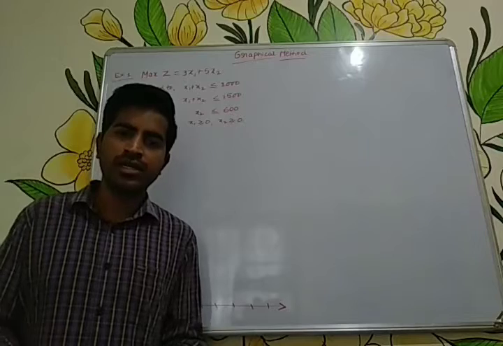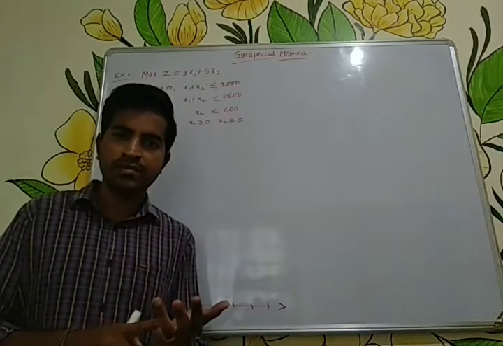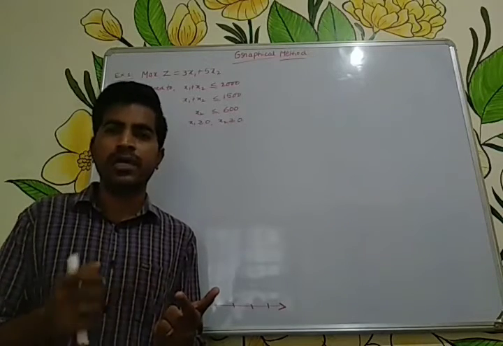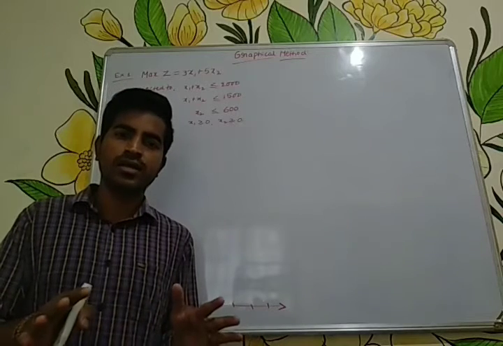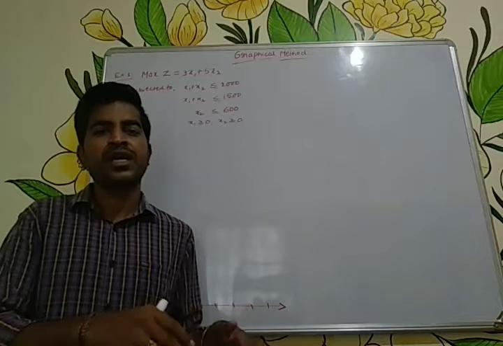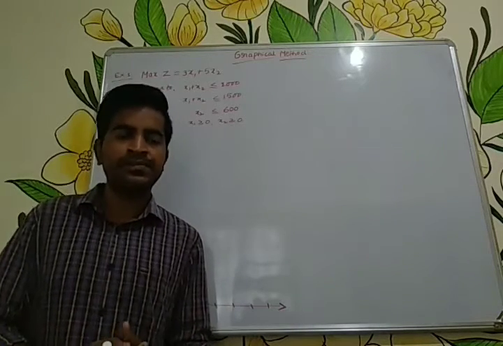We have some more methods in addition to the graphical method: one is the simplex method, another is the dual simplex method, and the big M technique. In this particular chapter, we will discuss the graphical method. After completion of the graphical method, let us move on to some more methods in the next chapter.